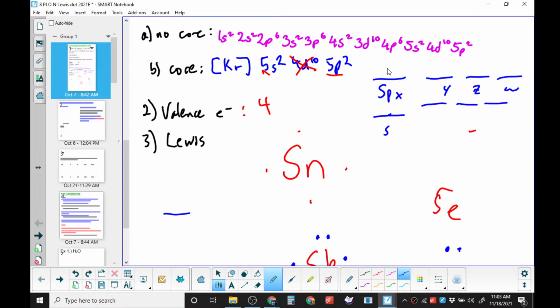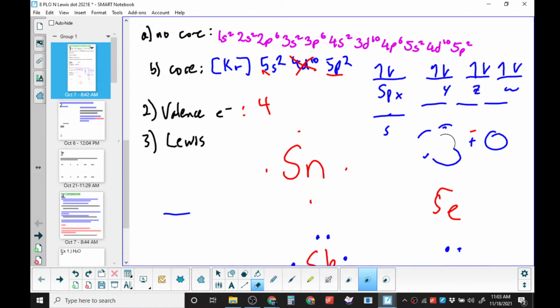Those aren't the real names, but they come out equal, and those are the ones that go from this plus the s, and they do this thing. I think I've showed you that once before. And they point in all 4 directions. And so you end up with 4 energy levels that are identical, and they fill up 1, 2, 3, 4. So they fill up separately, and then when you have to pair them, they go opposite spin, and they pair up again.